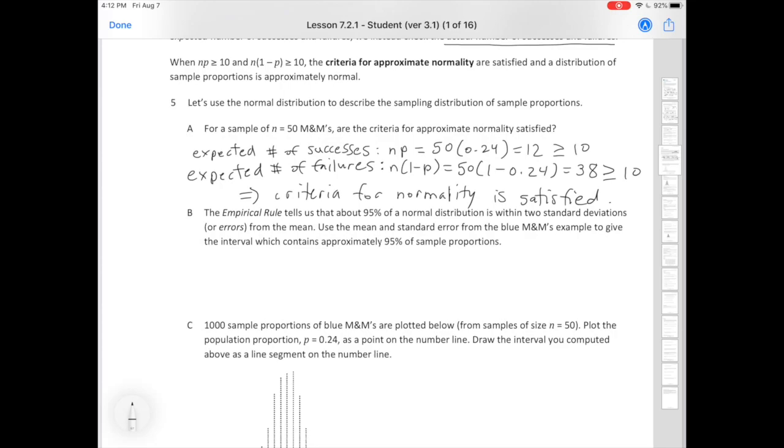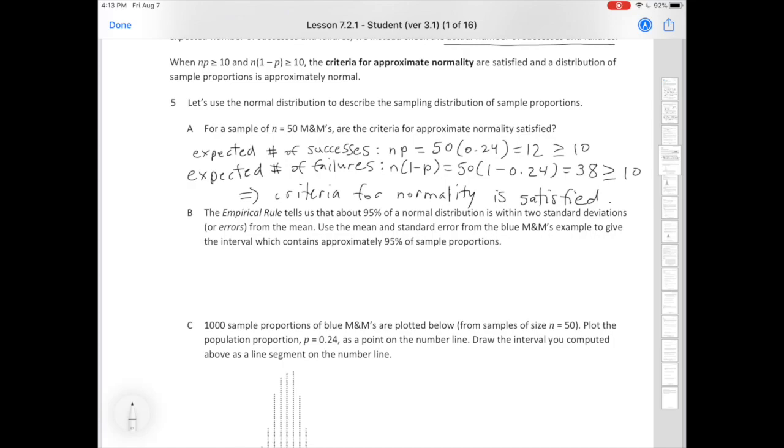The empirical rule tells us that about 95% of a normal distribution is within 2 standard deviations or errors from the mean. Use the mean and standard error from the blue M&M's example to give the interval which contains approximately 95% of sample proportions.